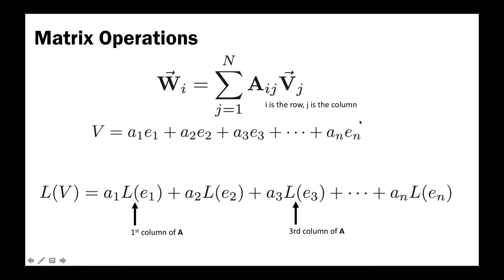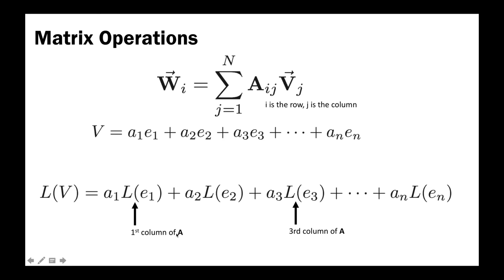Now, how do matrix operations that we've studied look in this form? So let's consider the case of a matrix times a vector. Well, this is the formula from before. We write our vector v as the sum of a component times a basis vector, all the way up to n. And as we've seen, L of v is just a1 times L of e1, which is a vector.